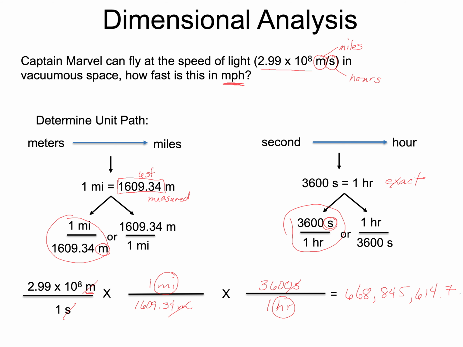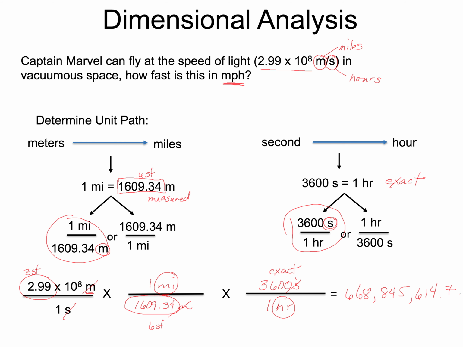But what we're going to do is take that number and round it to a value that's a little bit more appropriate. So we know that our starting number has 3 sig figs, and that this number in our conversion factor has 6 sig figs, and this one is exact. So we don't use any of the numbers in this particular fraction for our sig fig determinations.